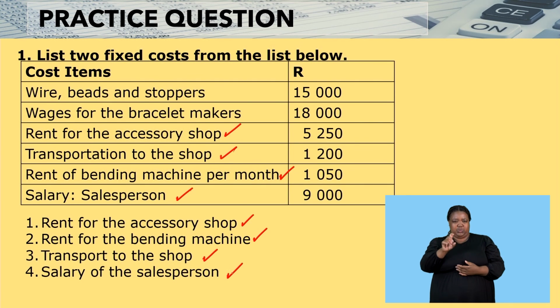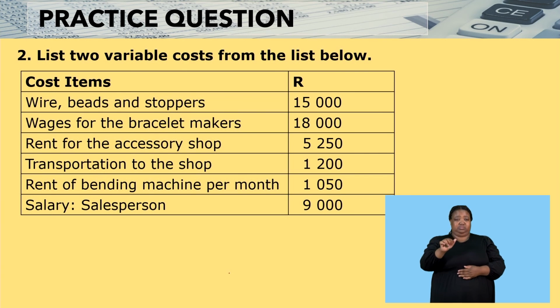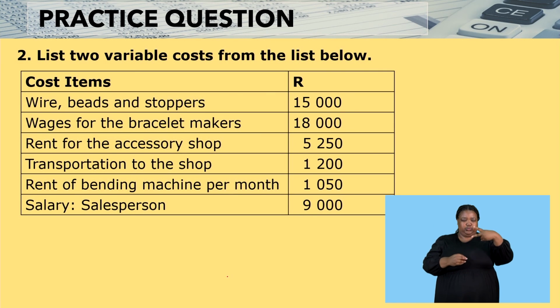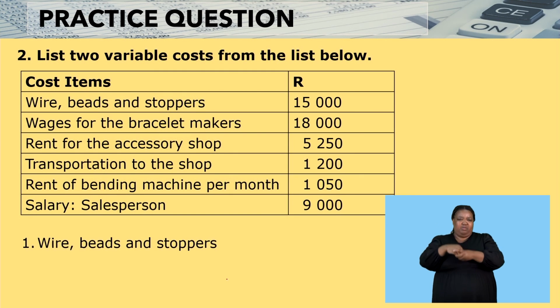Let's go and see what question 2 demands from us. Question number 2 reads: list two variable costs from the list below. All right, so the fixed costs that we've mentioned will not be part of this.